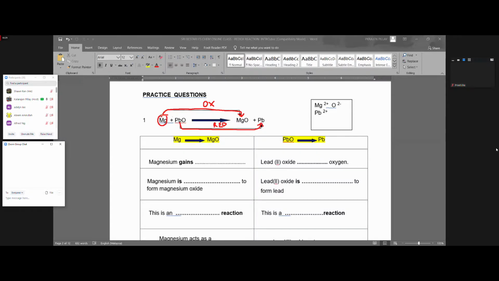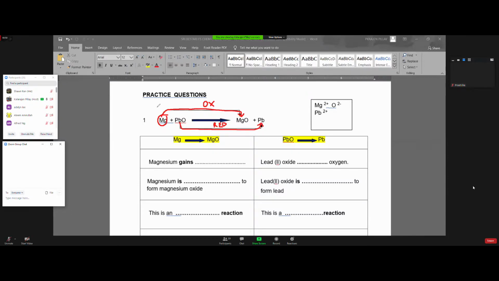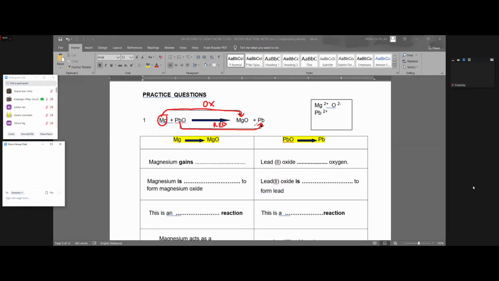So Mg must be the reducing agent. So write down here, magnesium acts as a reducing agent. Please note that down. Why? Because it has reduced PbO to Pb. That's how you know magnesium acts as a reducing agent.